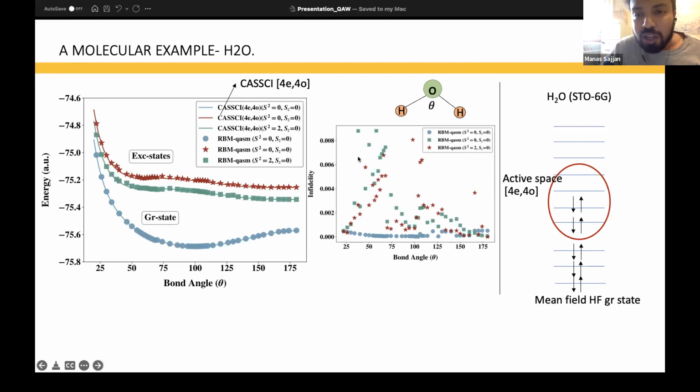So this method is quite general and can be used both for materials and molecules. For materials it is often the band structure that is of great importance, whereas for molecules we can construct the entire potential surface depending on the degree of freedom, which in this case happens to be the bond angle in water. But we can extend this to systems which are correlated as well as not correlated.